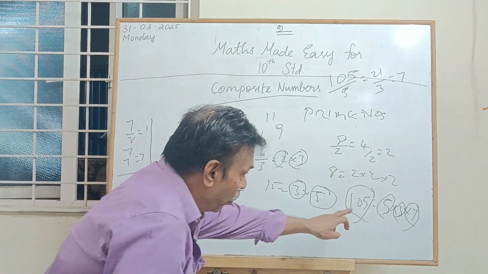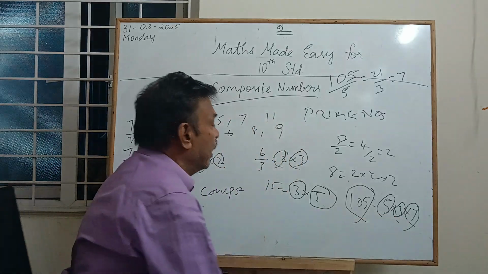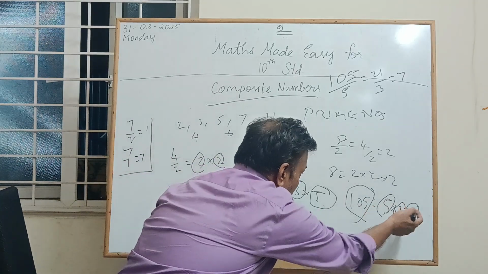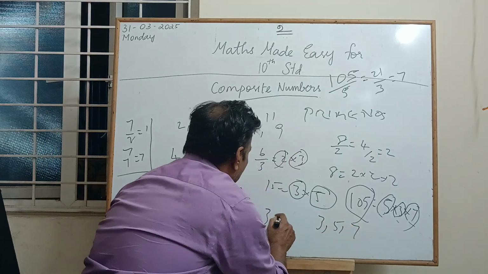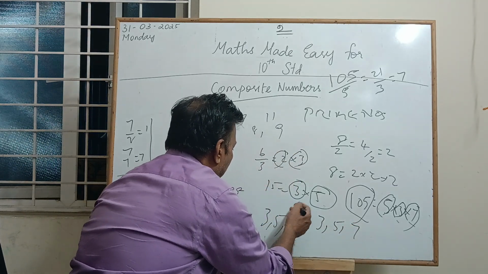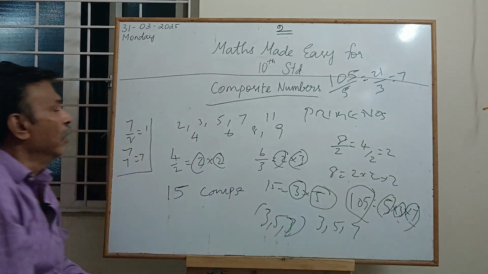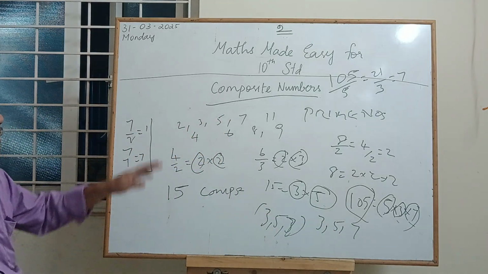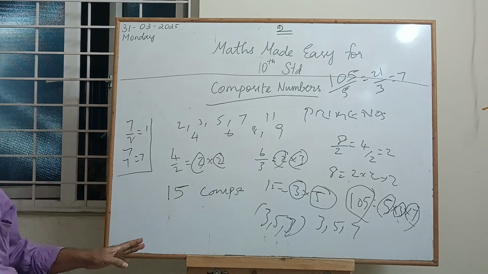This composite number 105 consists of 3 prime numbers. This can be written as 5 3 7 or 3 5 7 or 7 5 3. Whatever it may be, you can write, but all will come to 105. So this is the meaning of a prime number and a composite number.